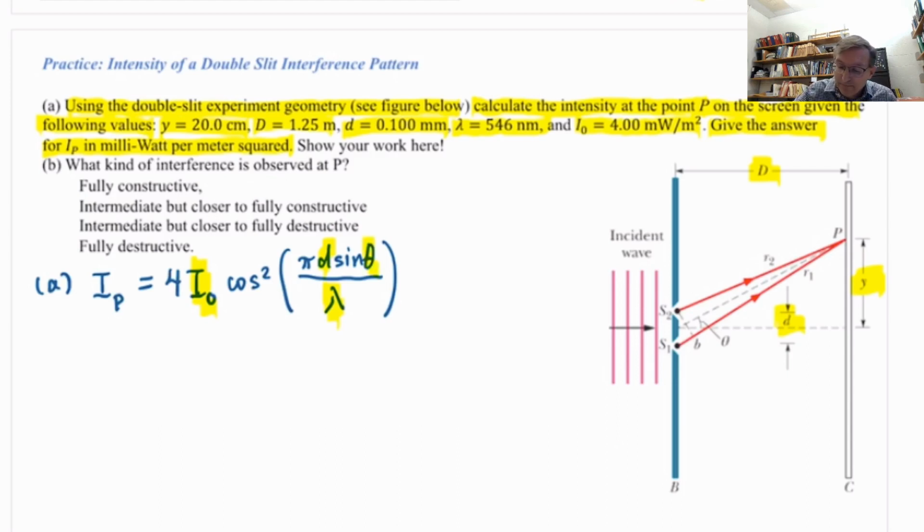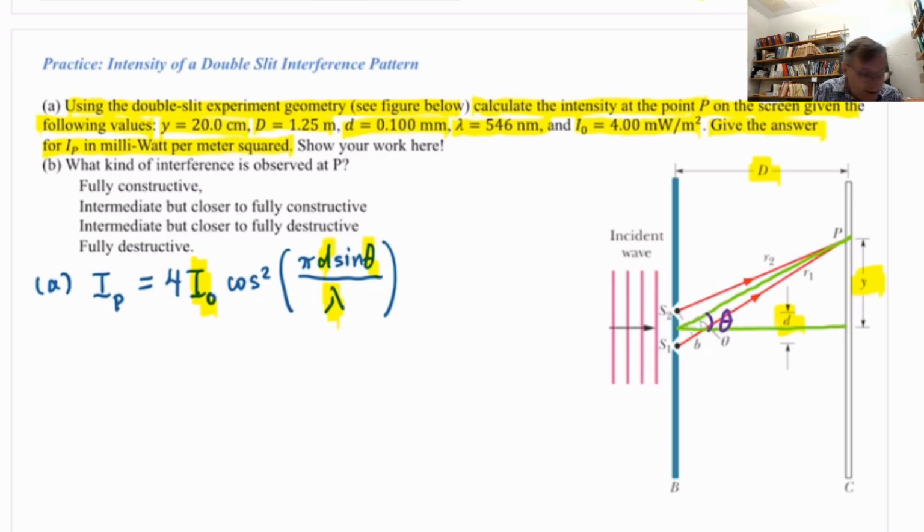The only thing we really have to work at is finding the correct value for the angle theta. Theta is the angle between that central horizontal line there and that line to point P there. That's what I have to find.